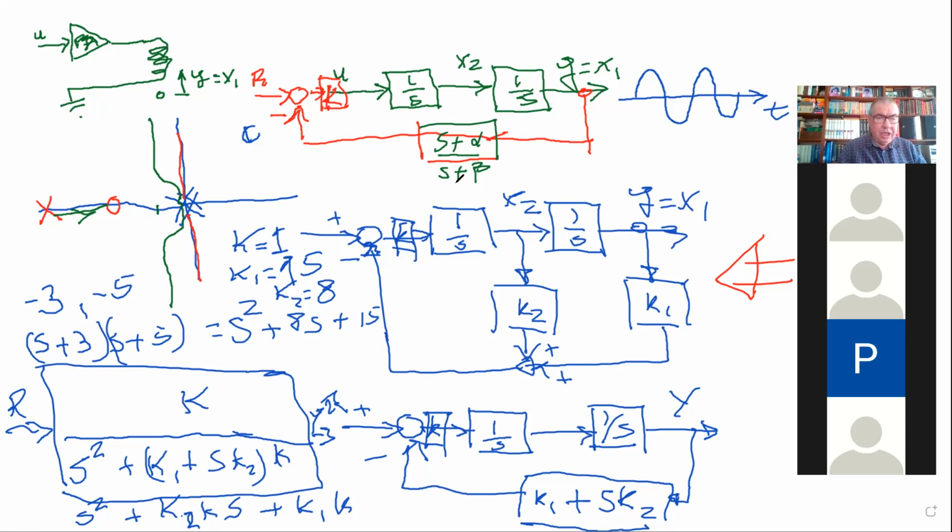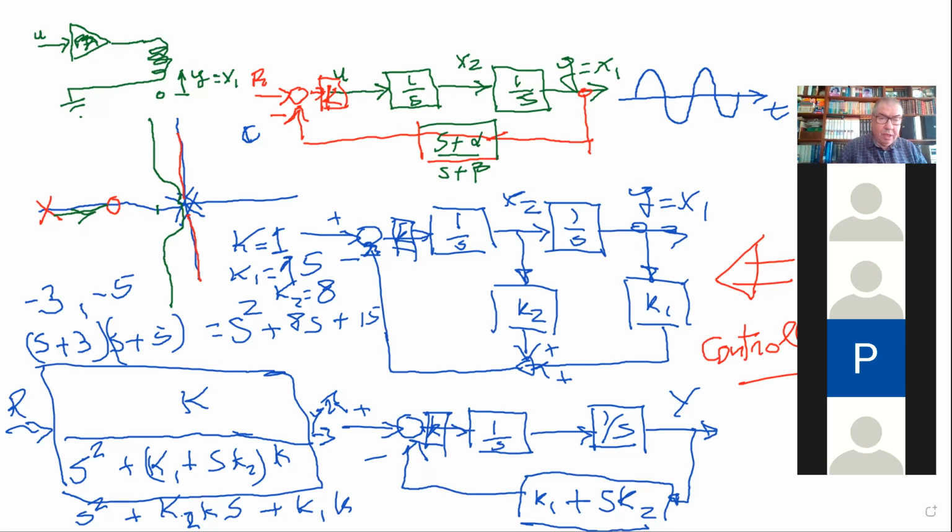The issue is that the structure of the system must be such that it allows this problem to be solved. And we are going to study a concept called controllability. I will show the slides in a moment, but let me write controllability. This concept of controllability will allow you to determine in a simple way whether, by feeding back all the state variables, you can place the poles where you want.